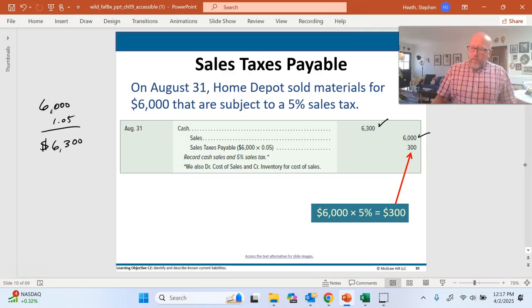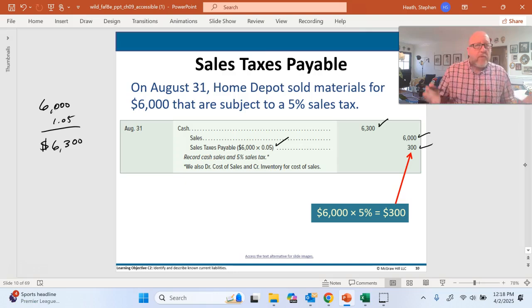However, the $300 in sales tax, we are going to have to send that off to the taxing authorities. So it's not really ours. It is our obligation to forward off. And so we're going to treat it as sales taxes payable.